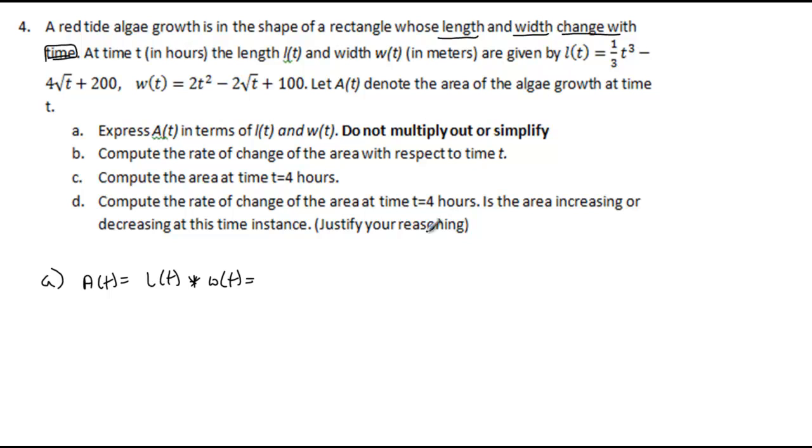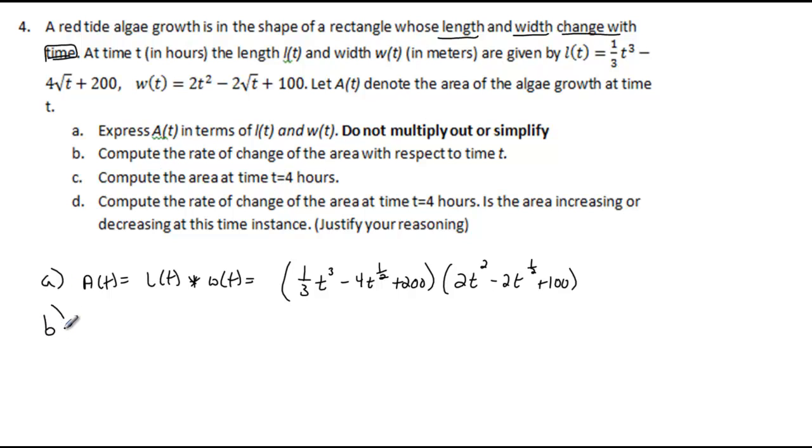But we know our length is given by 1/3 t cubed minus 4t to the 1/2, I'm going to translate this square root to the 1/2, plus 200, times our width, which will be 2t squared minus 2t to the 1/2 plus 100. Part A done. We know the area of any rectangle is always equal to length times width.